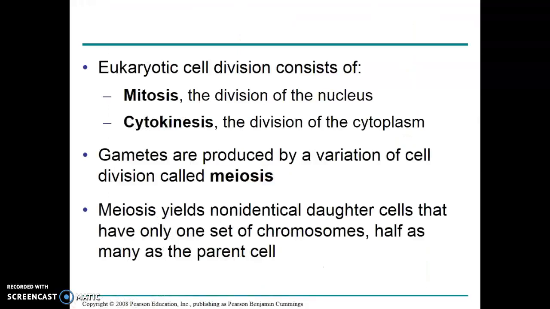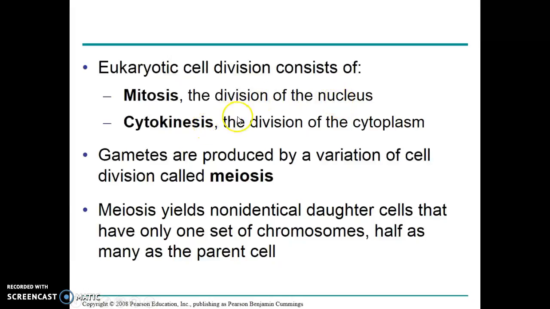Eukaryotic cell division consists of mitosis, the division of the nucleus. The main thing to know about mitosis, if they ask what mitosis is, is that it is the division of the nucleus.